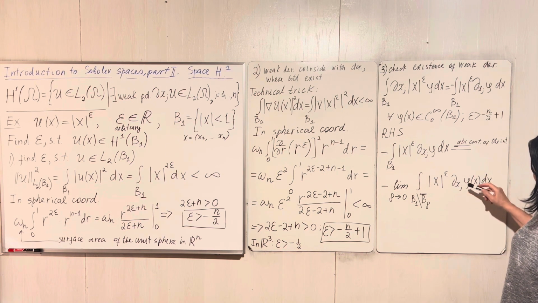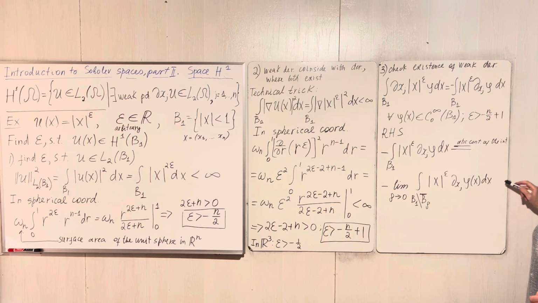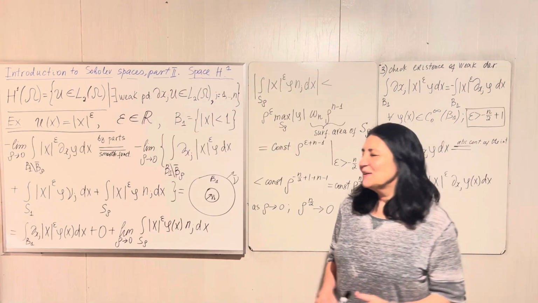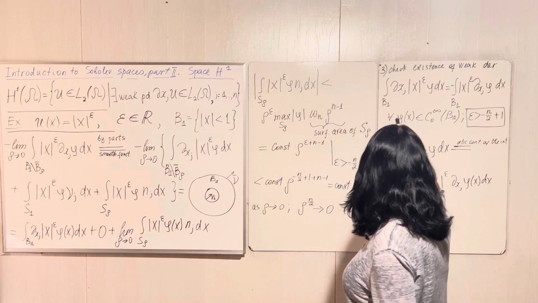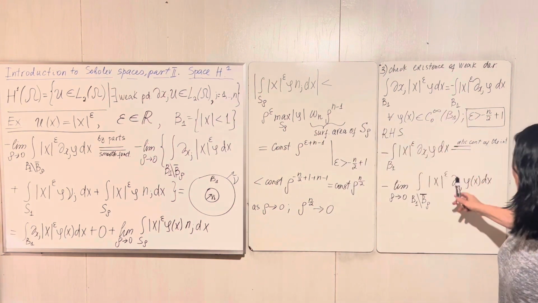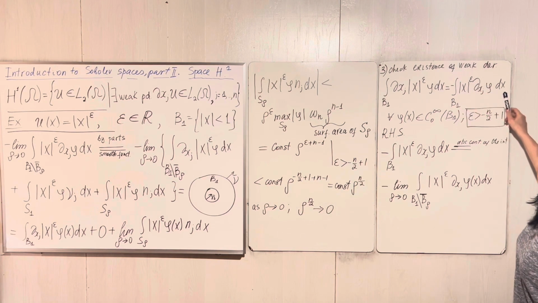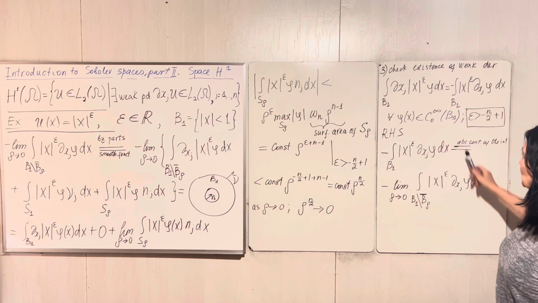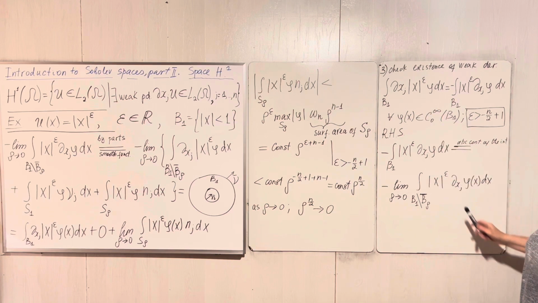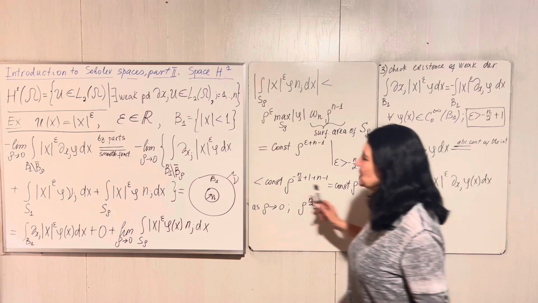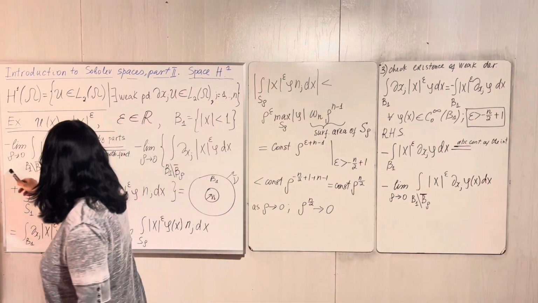And then we will work with this integral. So what we are doing, we are starting with the right hand side and want to end up with the left hand side.